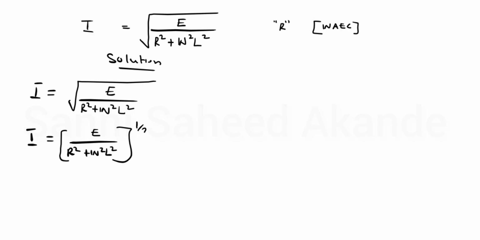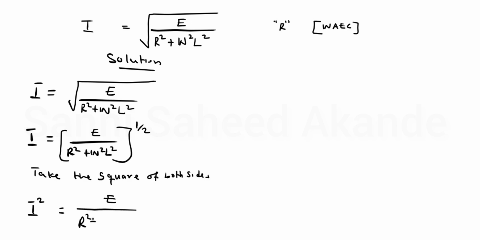So now I will take the square of both sides. So when you do that, we have I squared is equal to E divided by r squared plus w squared l squared, then everything raised to power 1 over 2, then times everything raised to power 2.